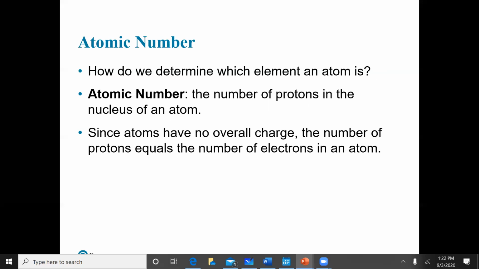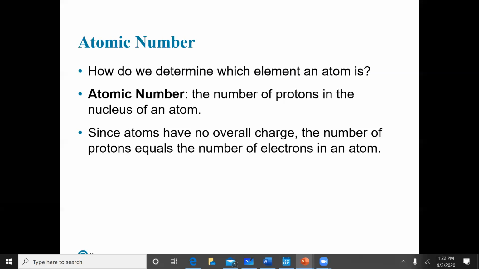Because an atom has an overall neutral charge, the number of protons should equal the number of electrons in a ground state atom. So let's say I have an atom and it's got 6 protons in it. It should, as long as it's not charged, should also have 6 electrons. The atomic number, or the number of protons, is what determines what the material is.